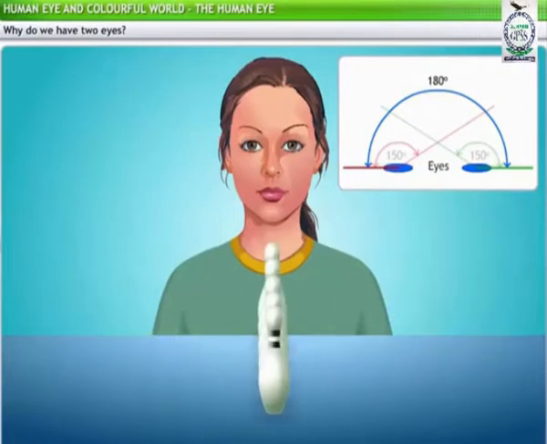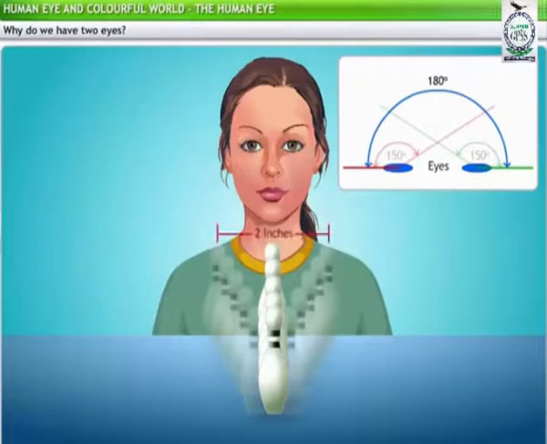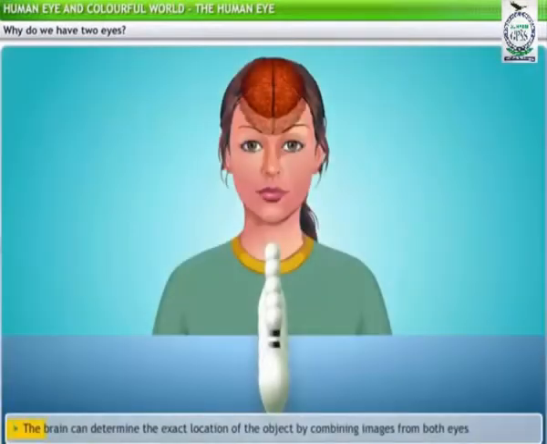This happens because each eye receives a different image of an object on its retina. These images are about 2 inches apart. This is especially true when an object is close to your eyes. The brain can determine the exact location of the object by combining images from both eyes.